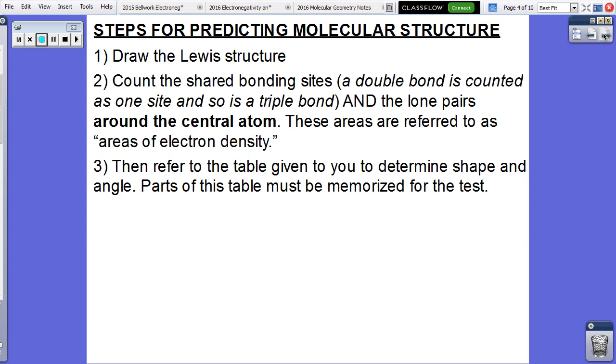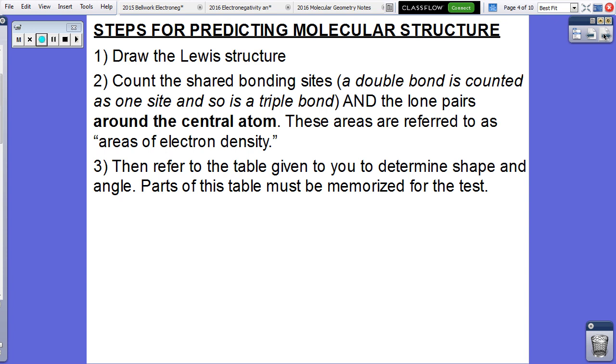Then you're going to look at that reference sheet called Electron and Molecular Geometry, Shapes of Molecules, and you're going to put together the combination of bonds and lone pairs to figure out what shape the different molecules will be.